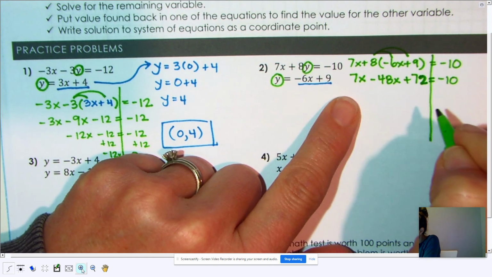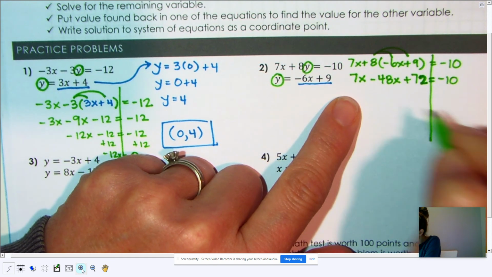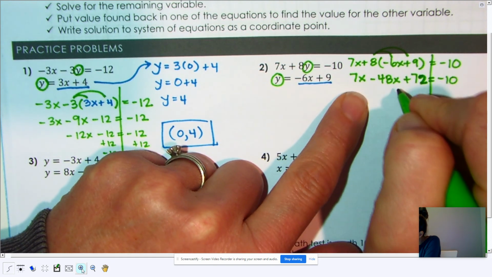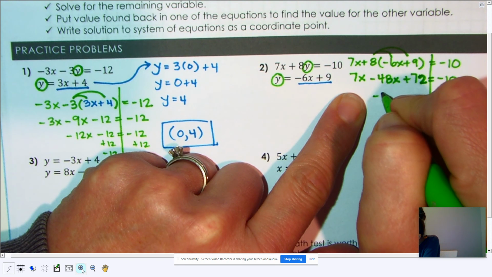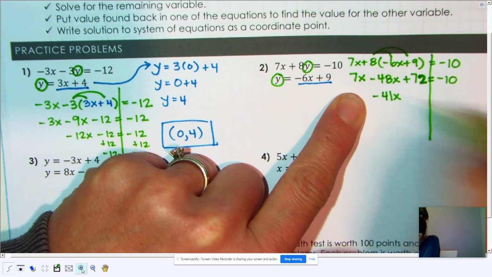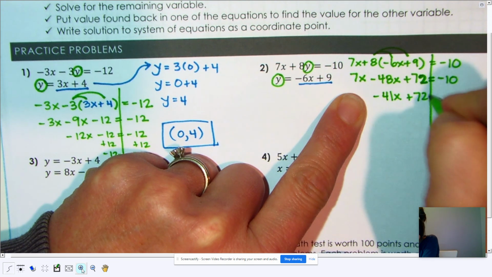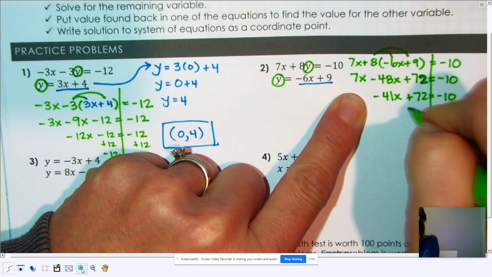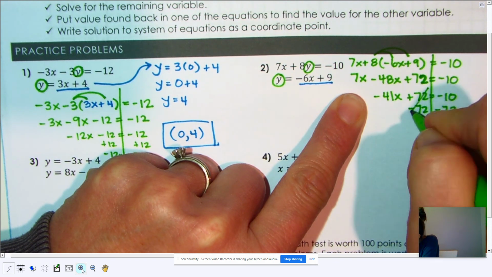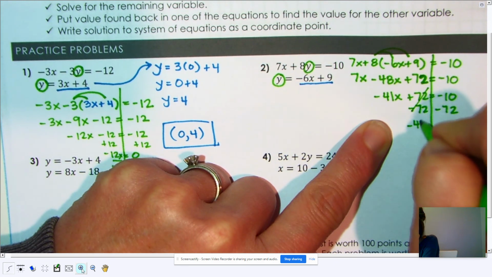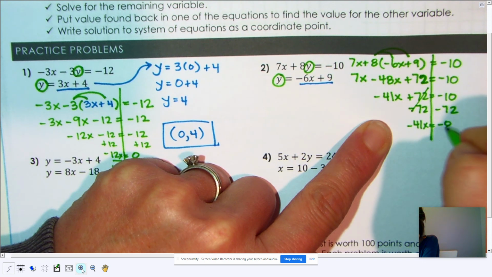Now I'm going to combine some like terms. So 7x take away 48x is negative 41x plus 72 equals negative 10. I'm going to subtract the 72. So on this side it cancels. So I have negative 41x is equal to negative 82.